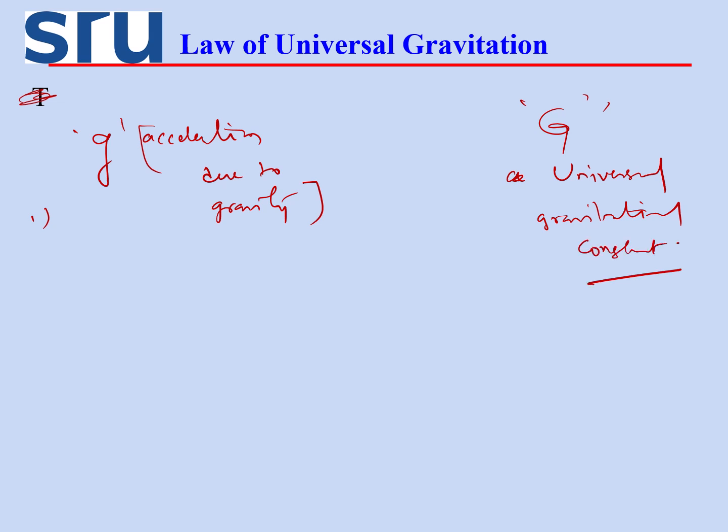Now small g value is 9.8 meter per second square on the earth.